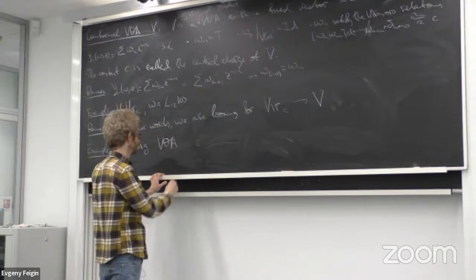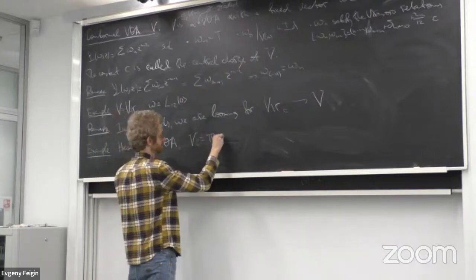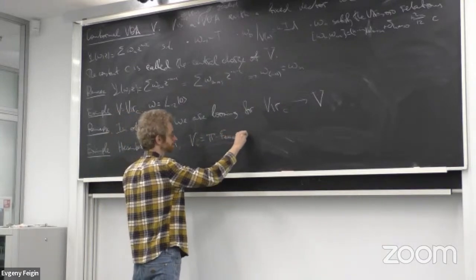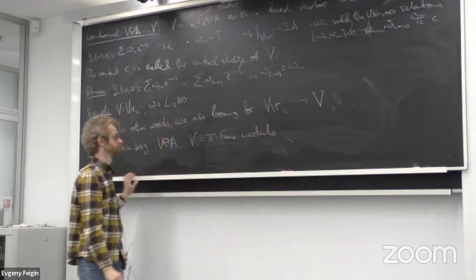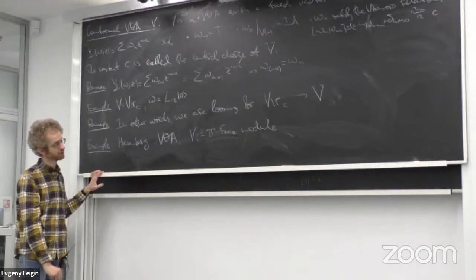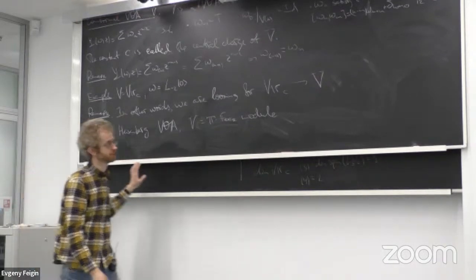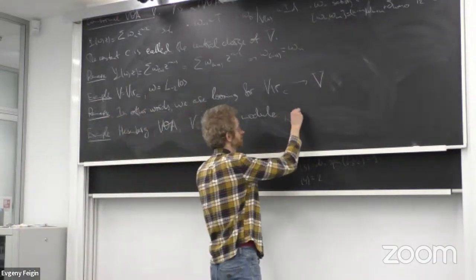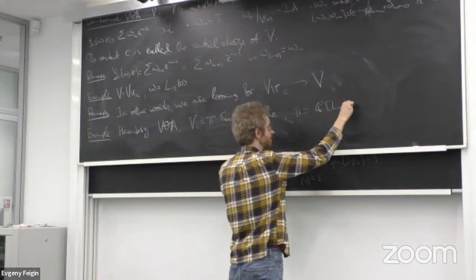You remember, as a vector space, V is just the Fock module pi. As a vector space, pi is isomorphic to the polynomial ring in h minus 1, h minus 2, and so on.